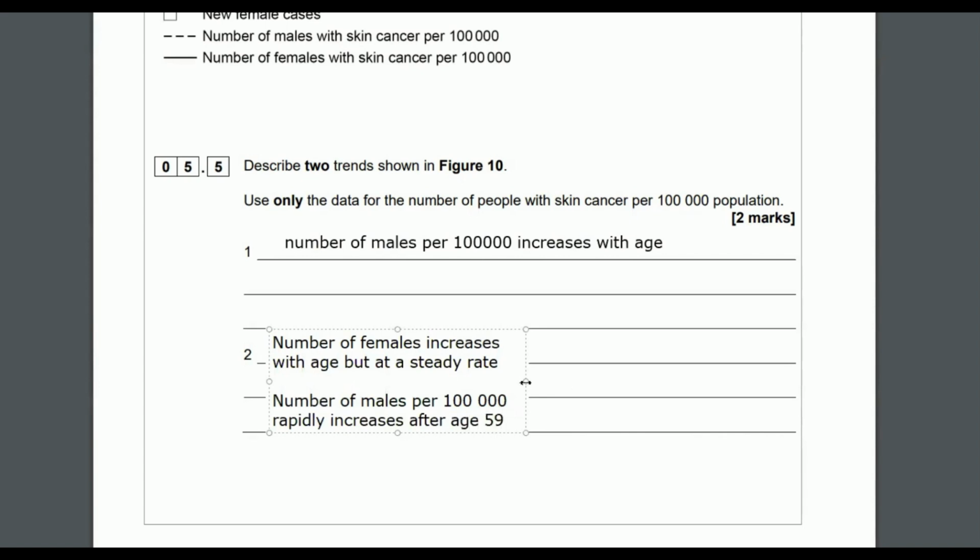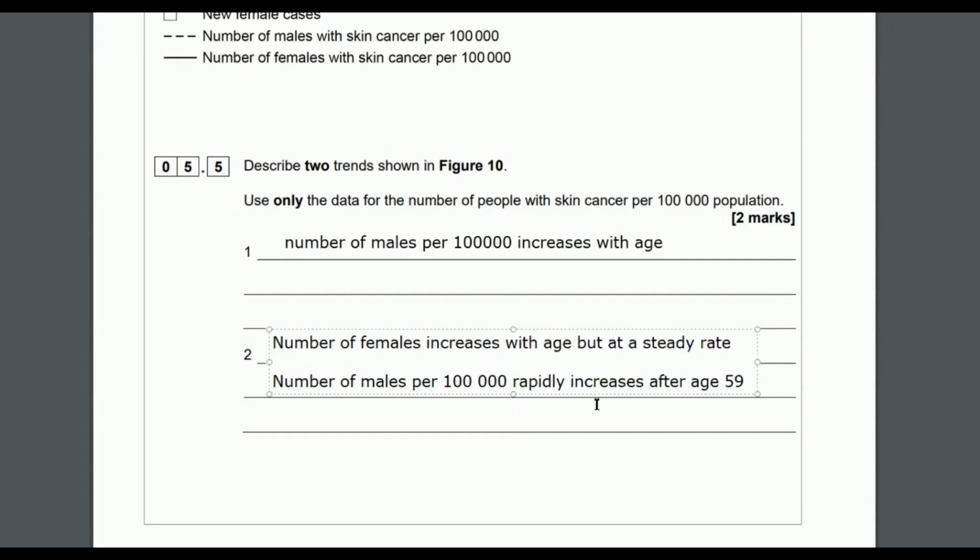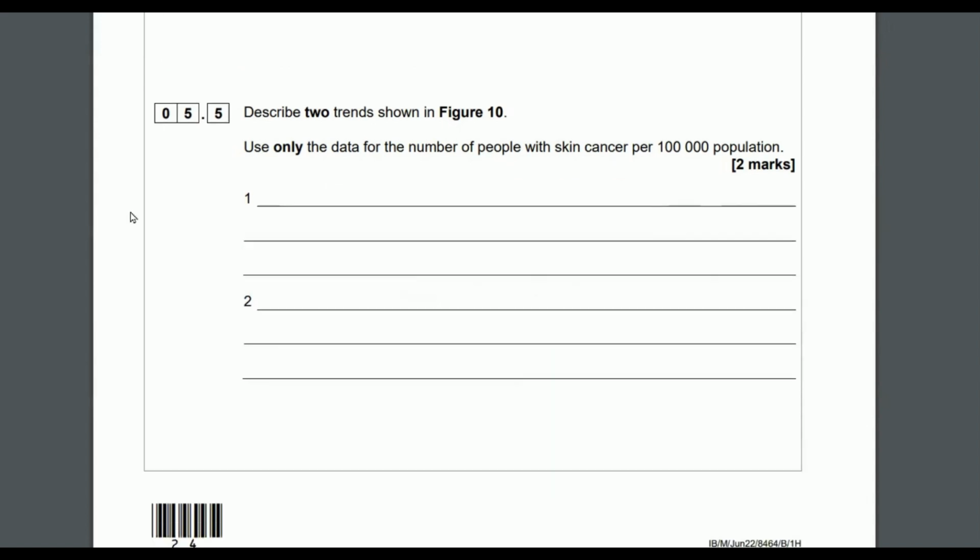So after 55 to 59, we see that steep increase in the number of males developing skin cancer per 100,000. Anywho, there's a nice basic one, and then these are slightly more nuanced, but there we go. Let's zing on.